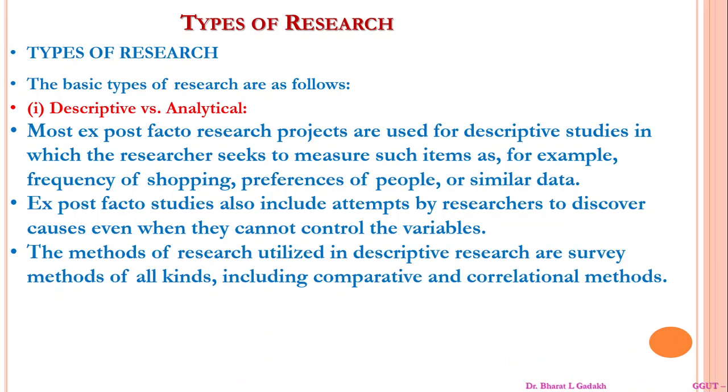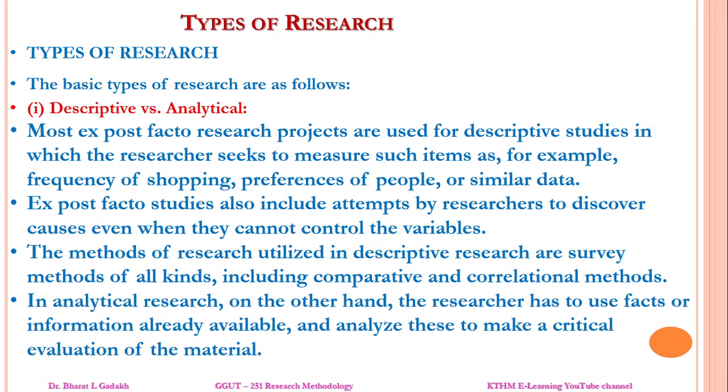The methods used in descriptive research are survey methods of all kinds, including comparative and correlational methods. In analytical research, on the other hand, the researcher has to use facts or information already available and analyze them to make a critical evaluation of the material.